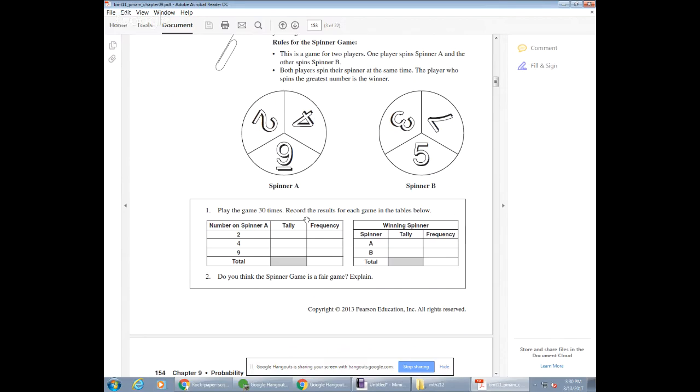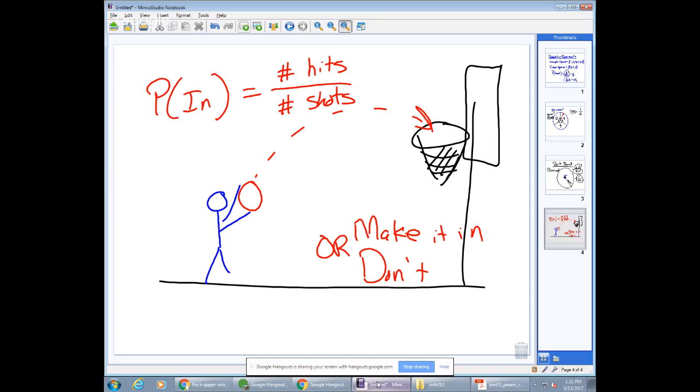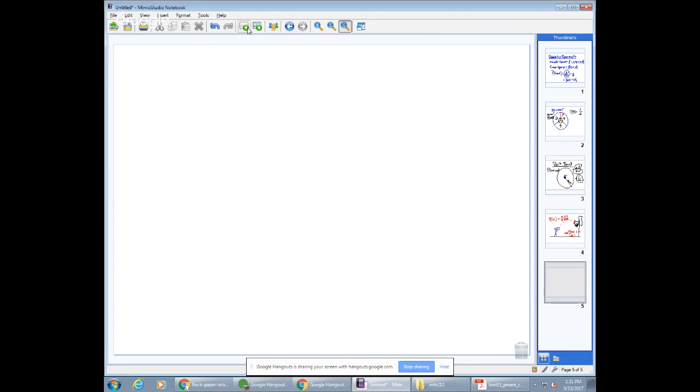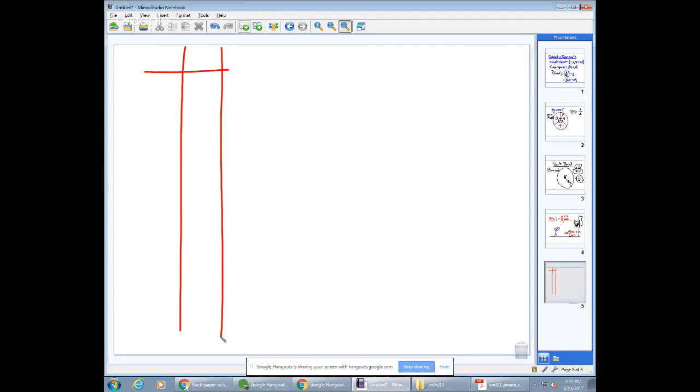So again, one person will be spinner A and keep track of the A's. The way I'd recommend it is, you'll play against each other, and I think everybody should be a secretary in this. You'll have a table with the turn, what happens for A, and what happens for B. Like first turn, maybe A gets a 2 and B gets a 5.